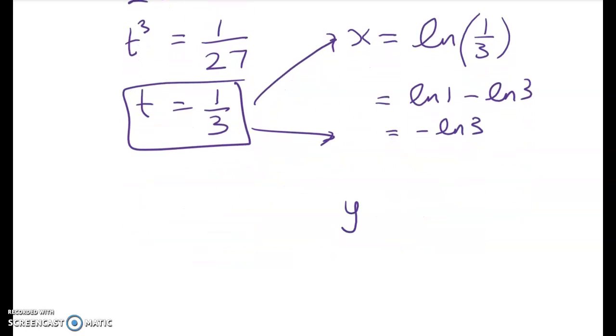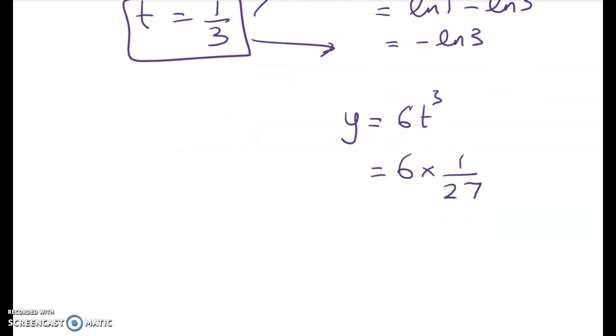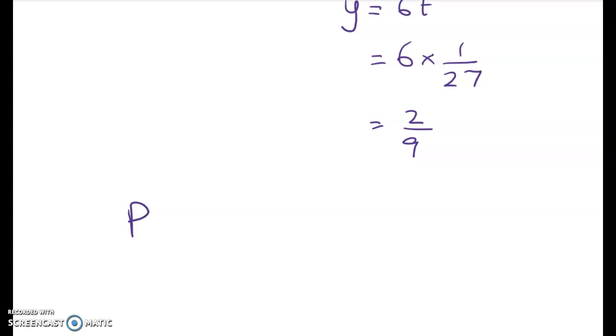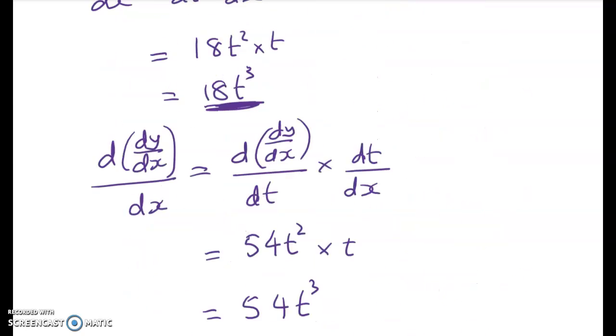Then y was equal to 6t cubed, which gives me 6 times 1 over 27. And we can simplify that to get 2/9. So we've found our point, right? So point P is equal to negative log of 3 and 2/9. So that's doing it using parametric differentiation.